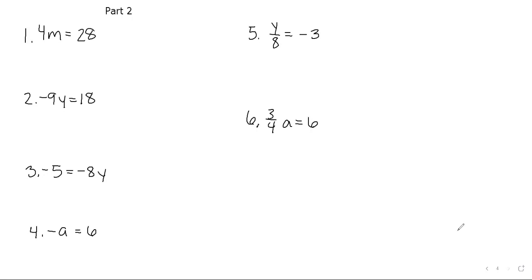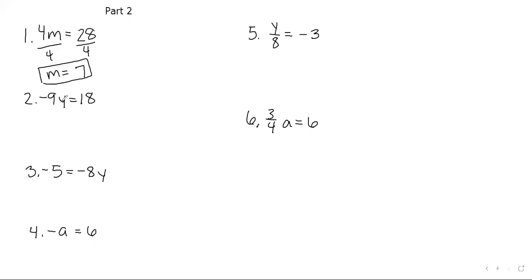Which is more of that ax equals b, okay? So right from the jump, number 1, we have 4m equals 28. Y'all got this. We're going to divide both sides by 4. M is going to be 7, okay? Number 2, we got negative 9y equals 18.